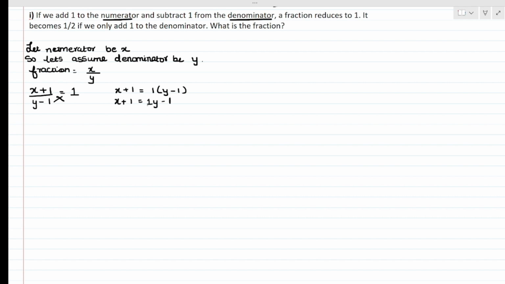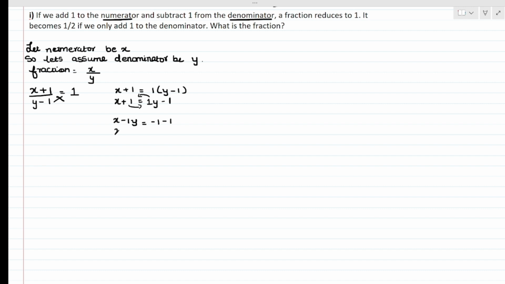Now, keep your like terms on one side. That means my y will be shifted to the LHS and my plus 1 will get shifted to the RHS. So my final equation will become x minus y equals, with the side change, minus 1 minus 1. This plus 1 is getting changed over here and it's also getting subtracted.